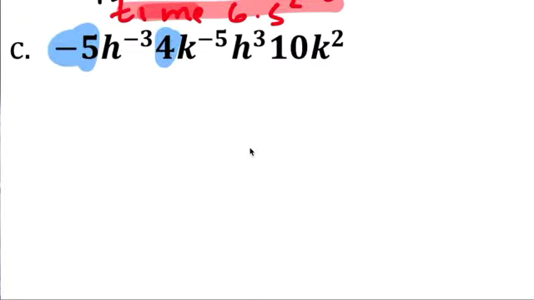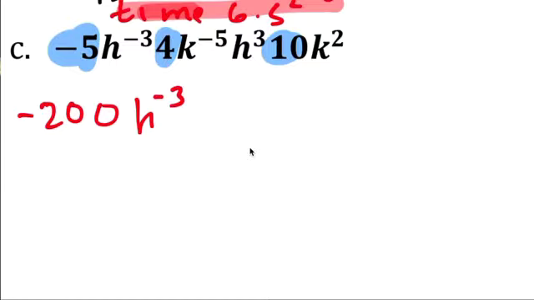Here, when you're multiplying, you're adding exponents. Make sure you multiply the coefficients together. 20 times 10 is 200, negative. And then h to the negative 3, add that 3. They have the same base.